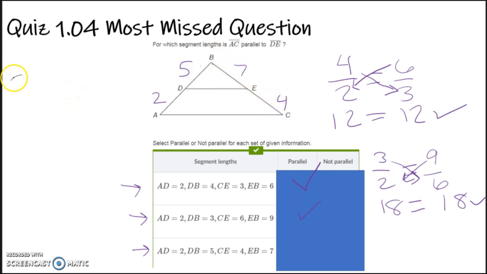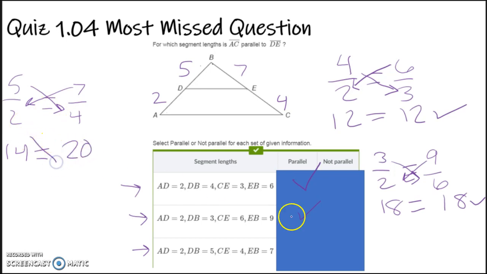So let's set up our proportions. 5 over 2 should equal 7 over 4. Cross multiply to see if that's true. 7 times 2 gives us 14. 5 times 4 gives us 20. That's a big no. So that means these lines are not parallel, because the side splitter rule does not apply. So those lines cannot be parallel.